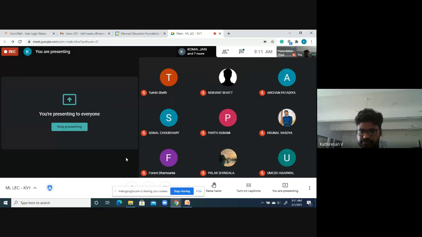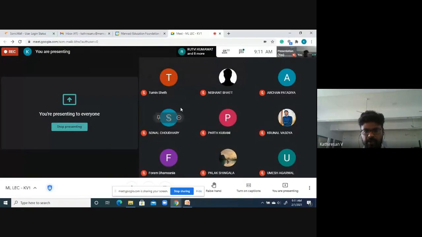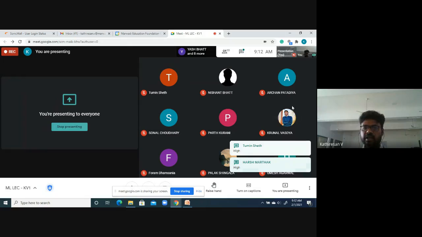See, the data distribution is here, the line is here, so is the mean square error less or high for this particular line? Yes, it is high. Mean square error is high.